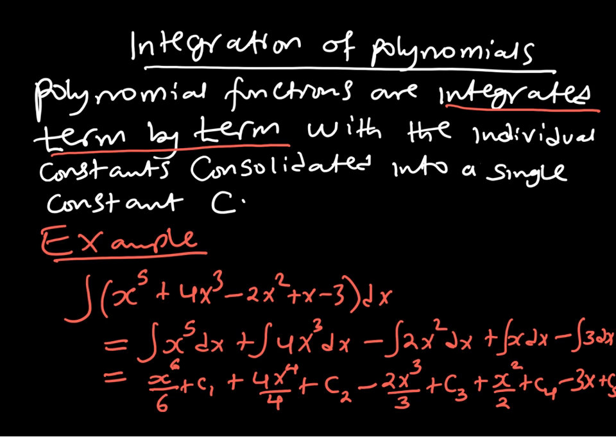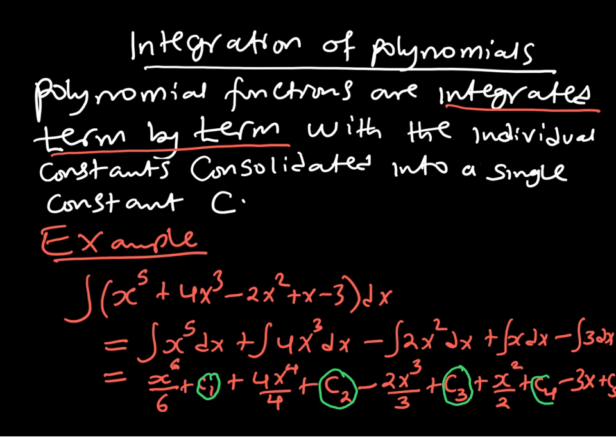That's the meaning of the individual constants. When you integrate a term, it comes up with a constant, and the next term also comes up with a constant. But we don't do it like this, I'm just doing this to explain. Perhaps one constant is a 2, another is a 3, another is a minus something.